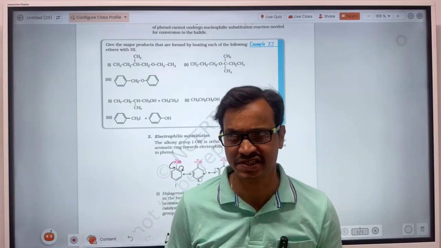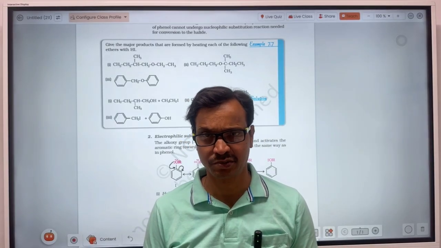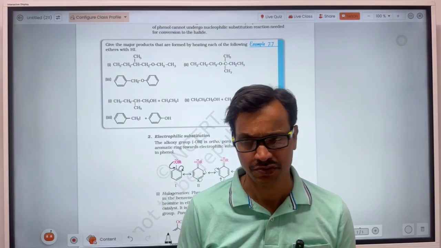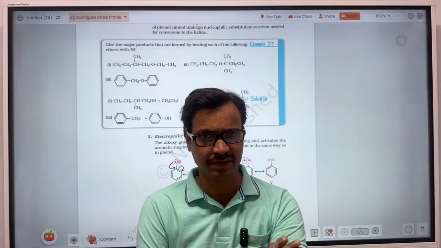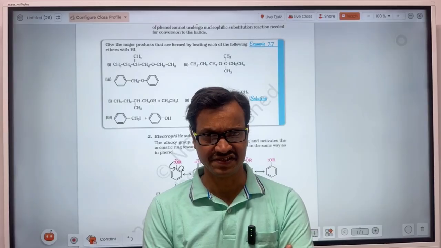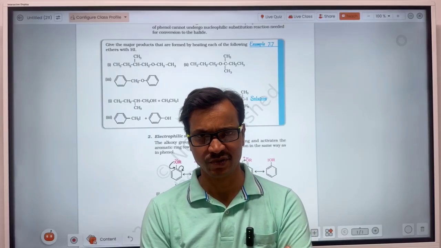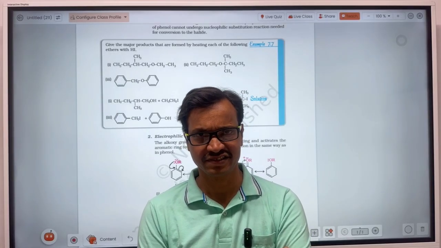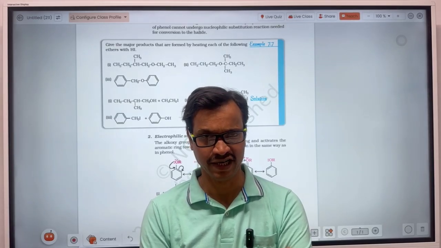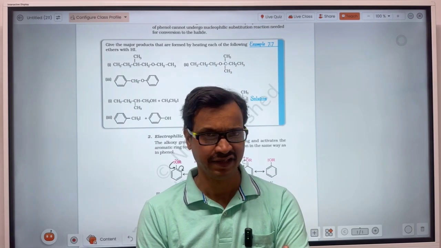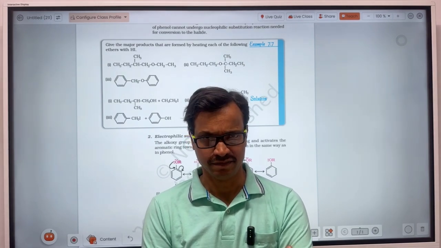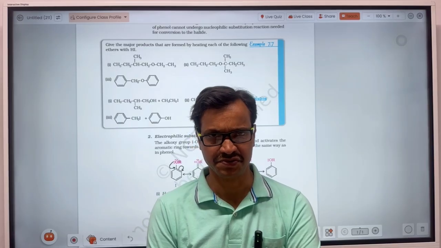At least one benzene must be bonded to the oxygen. So there are two types of chemical reactions you will have to study in case of ether. One is the reactions which take place due to the cleavage of carbon oxygen bond, and the other is the reaction in which there will be benzene on one side of the oxygen, and the reaction in that molecule will take place by electrophilic substitution.